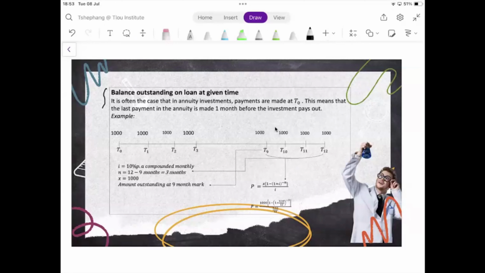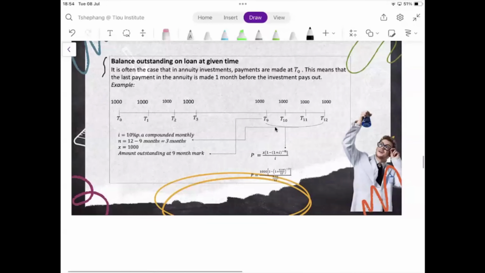This means that the last payment in the annuity is made 1 month before the investment pays out. So we're going to consider this timeline. Now, when I'm saying the outstanding balance of the outstanding term, it's how much you actually owe the bank, okay?